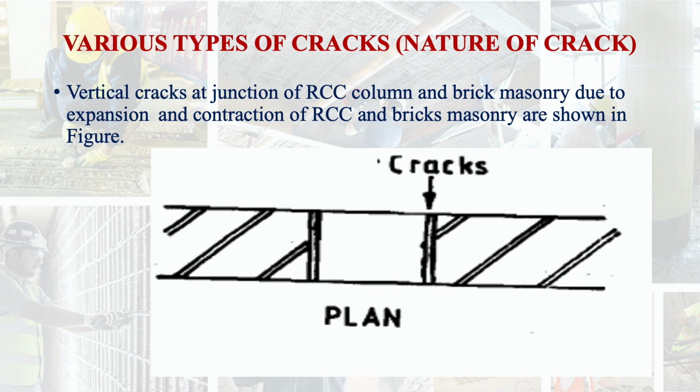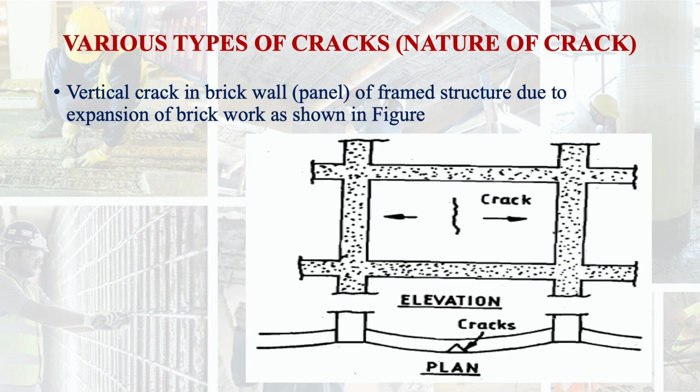You can see the crack at the junction of RCC column and the brickwork. Then vertical crack in brick wall panel of framed structure due to expansion of brickwork is shown here in this figure. You see the crack in the brick masonry.